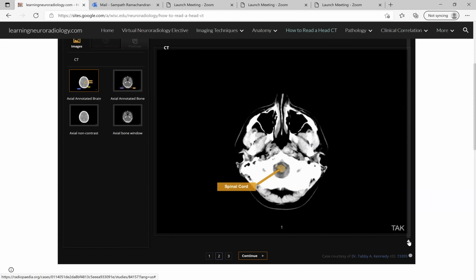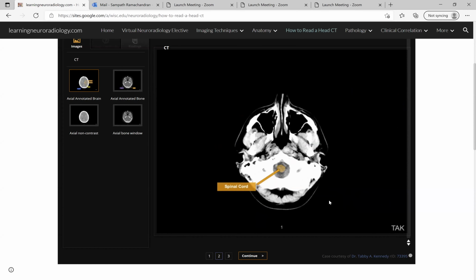Here I'm going to start from the very bottom, at the base of the brain. We see part of the spinal cord here in the very center. We call this the foramen magnum, which is the biggest opening in the skull here at the base of the brain. We call it the foramen magnum.